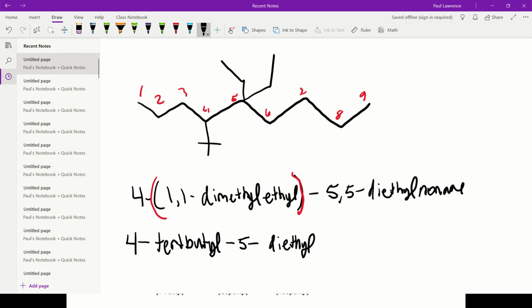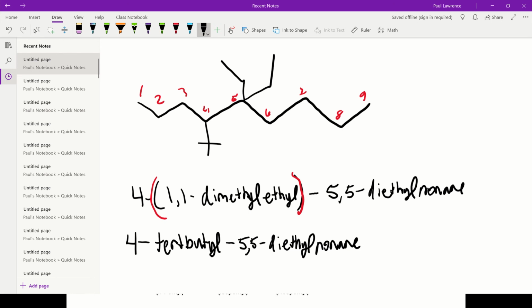Diethylnonane. Oh, I messed up. That comma 5 dash. There we go.